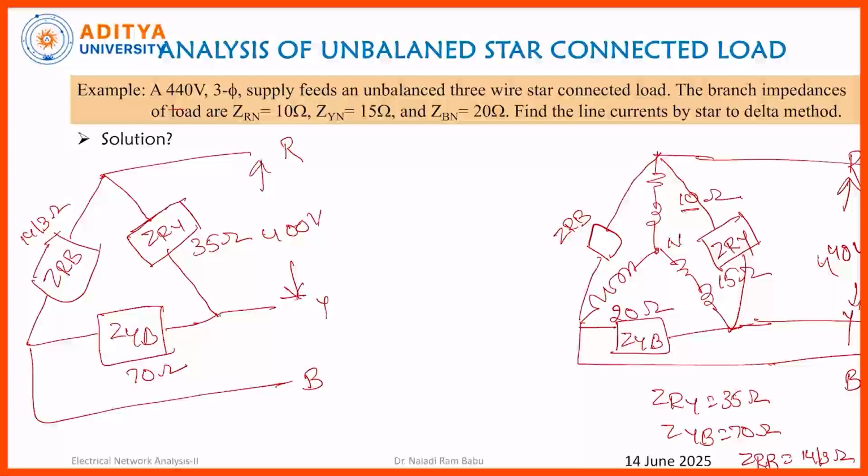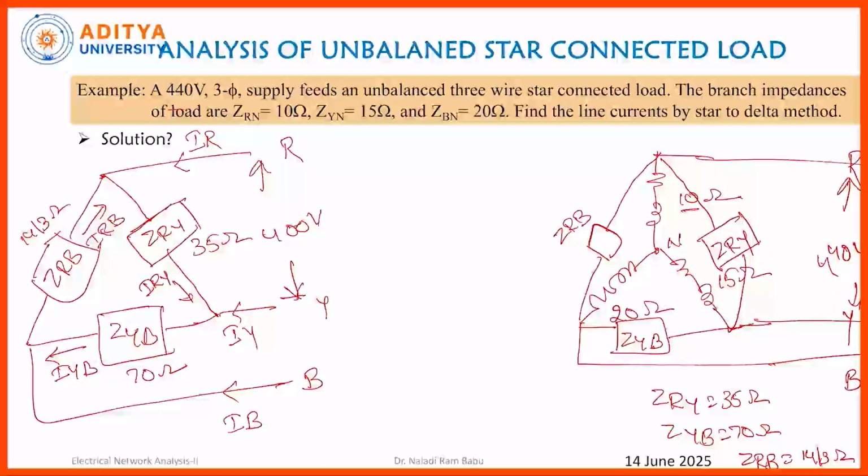Now the thing is, I need to calculate the values of line currents. Line currents means this one is line current IR, this is IY, and this is IB. So I need to calculate the values of IR, IY and IB. In that, the current flowing through it is IRB, the current flowing through it is IRY, and the current flowing through it is IYB.